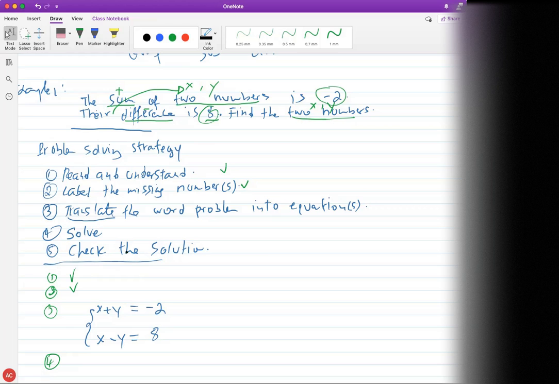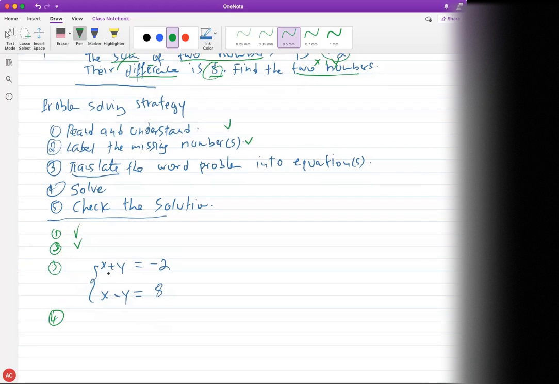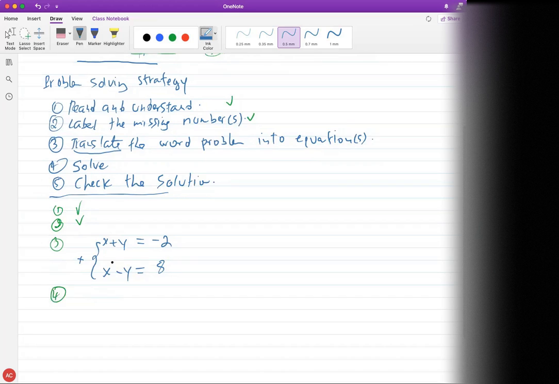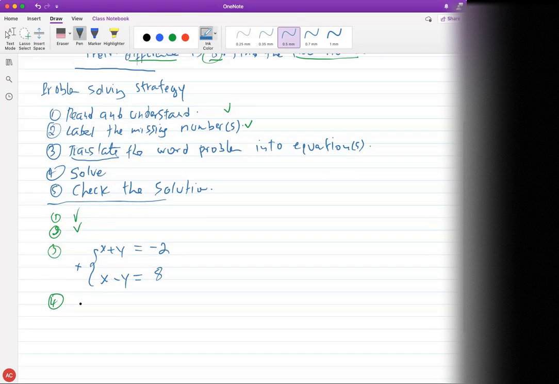We can easily cancel the y if we add the two equations. So the method here is elimination. With elimination, we just add or subtract the two sides. Here we just need to combine them because we already have two opposites.